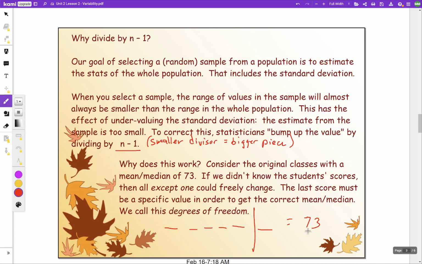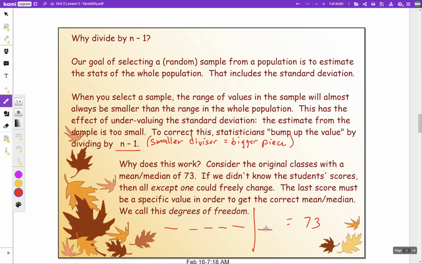Actually, in that case, 100 won't work. But if everybody gets an 80, then this score would have to be lower, such that it causes the average to be exactly 73. So what that means is that the last point isn't actually random when we talk about mean and median.